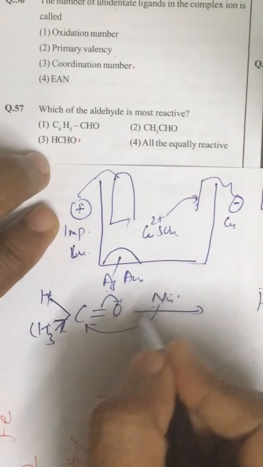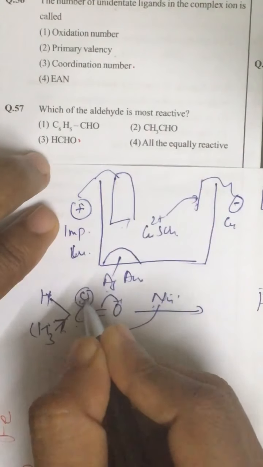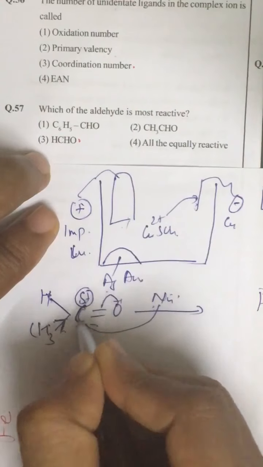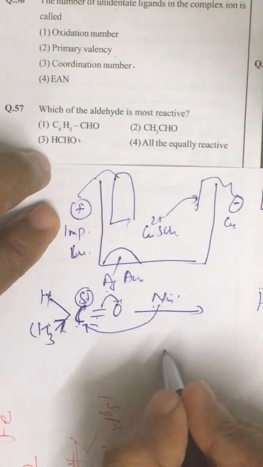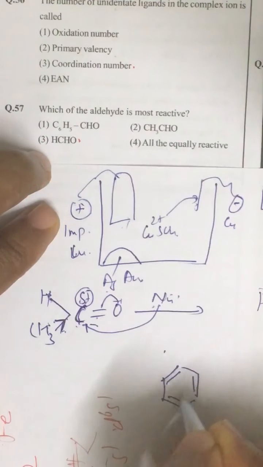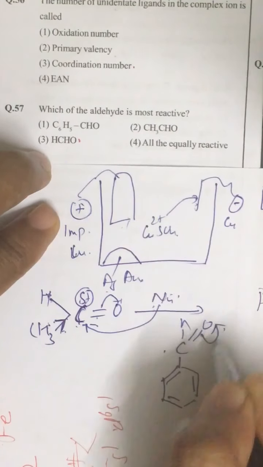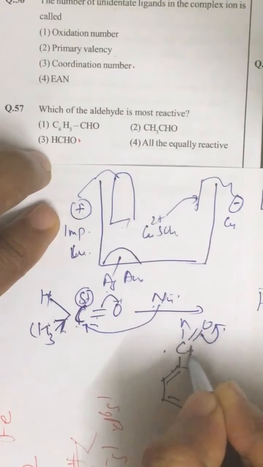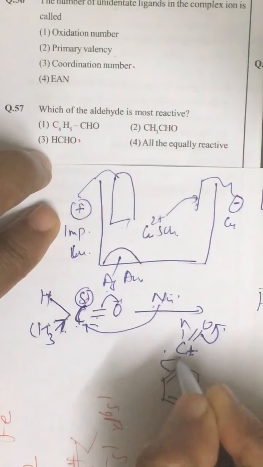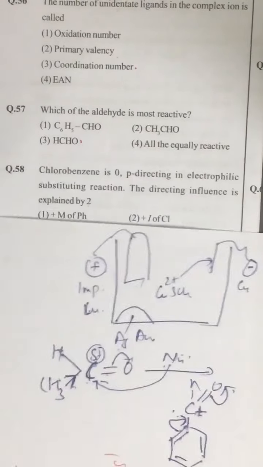So the reactivity of a carbonyl compound depends on the magnitude of positive charge present over the carbon atom of the carbonyl group. In benzaldehyde also this magnitude is less because of this effect. The electron pair moves in this direction, so a positive charge is created. Now the reactivity will depend on this magnitude, but it is filled by the pi electrons of the benzene ring. So benzaldehyde is very less reactive. Alright.